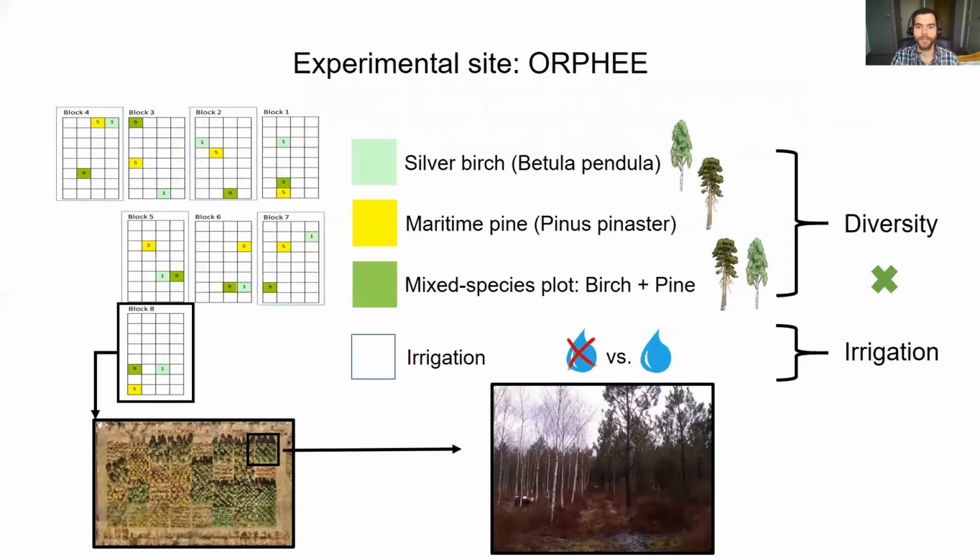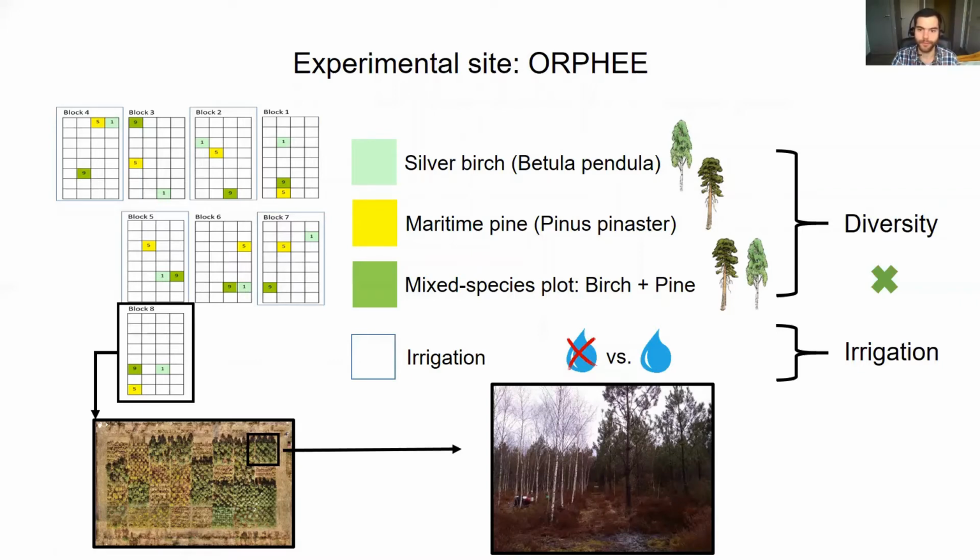To achieve this objective, we worked in the ORPHEE tree species diversity experiment in southwestern France, which was established to investigate biodiversity and ecosystem functioning under the influence of a changing climate. In 2008, a total of 25,600 trees of 5 native species were planted within a 12-hectare area in a randomized block design, giving a total of 32 species combinations.